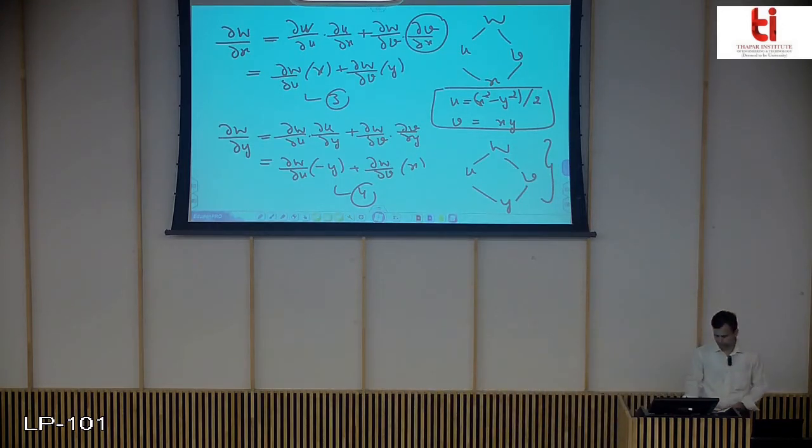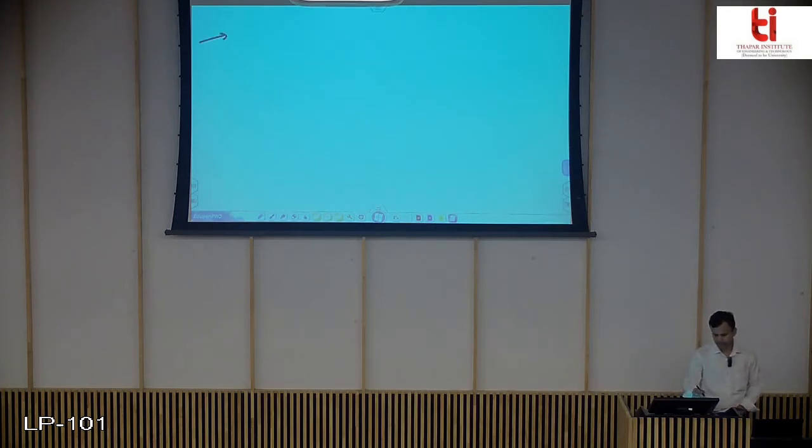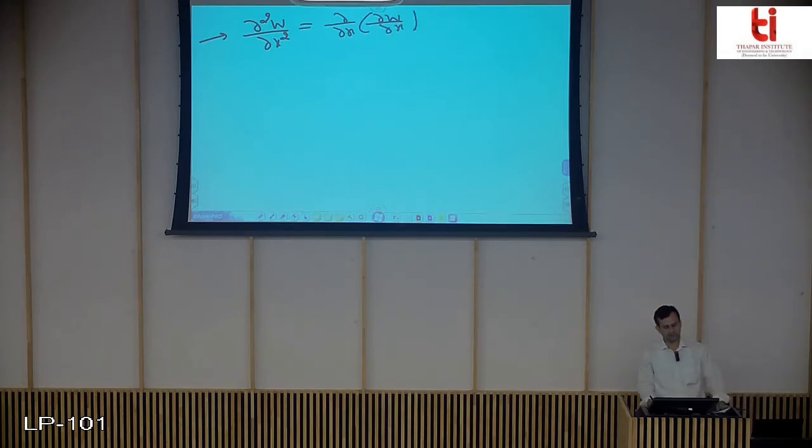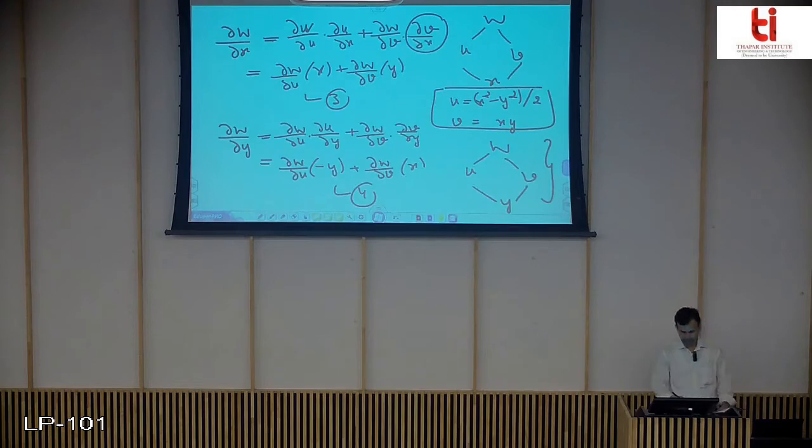Okay. Now come to the second derivative. Second derivative del square w del x square, that is what we are looking for. And this actually is del by del x of del w by del x. And from the previous result, del w by del x is this one. We have just found this using equation number 3.